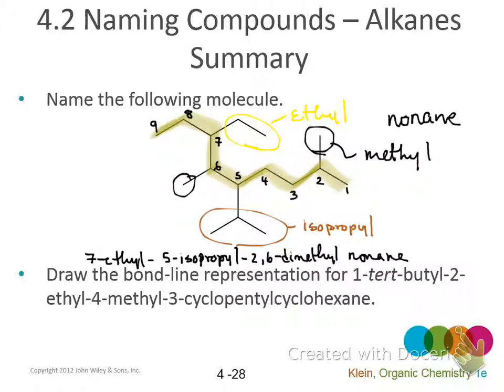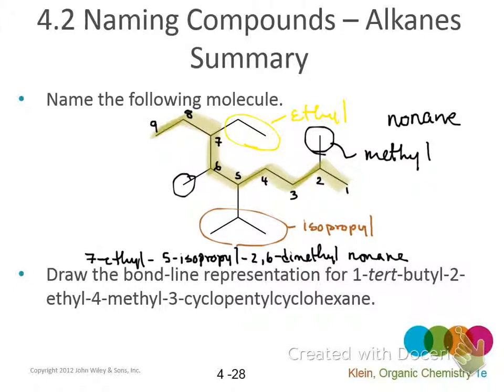So you need to make a bond line representation of 1-t-butyl, 2-ethyl, 4-methyl, 3-cyclopentyl cyclohexane. What is the parent in that? Cyclohexane. So when you do this, the thing that you should do first is draw the parent. Okay?